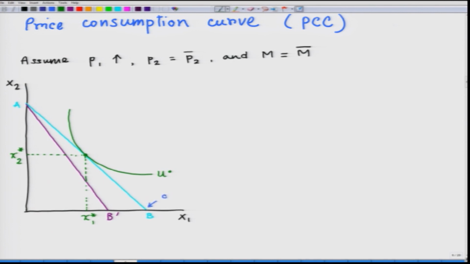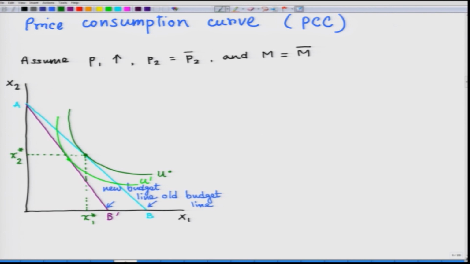So, this is the old or previous budget line, and this one is the new budget line. As the budget line has become steeper, the new budget line AB prime will make tangency with another indifference curve, say U1, and the new equilibrium point could be this.